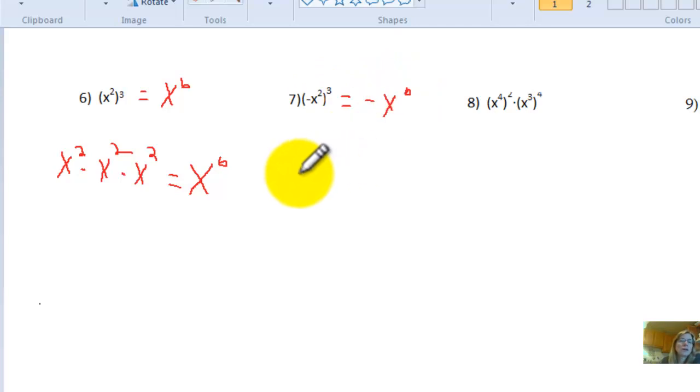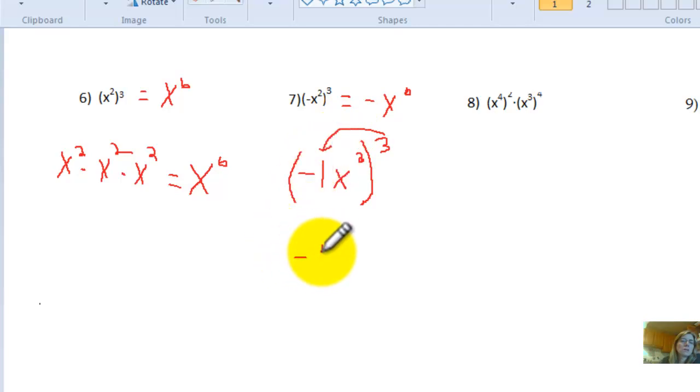If you were to take the negative and make it a negative 1, and this is negative 1 x squared to the third power, then you take the 3 and say negative 1 to the third power times x, and you do 3 times 2, which is 6, so that becomes x to the 6th.